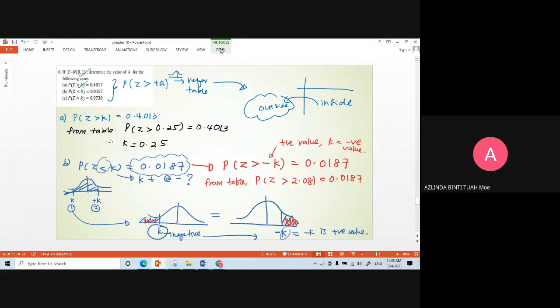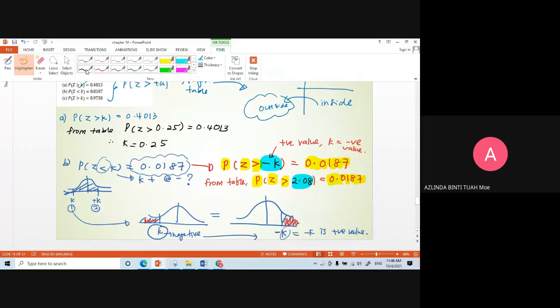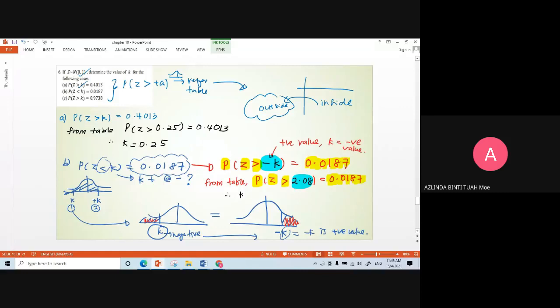Maksud kita compare the previous step dengan daripada table. P compare dengan P, Z compare dengan Z. Ini pun dah sama. Okay, greater than pun sama dengan greater than. So we can conclude that negative K is equal to 2.08. Therefore, K is actually negative 2.08. So logik lah, memang K tu bernilai negatif tadi.